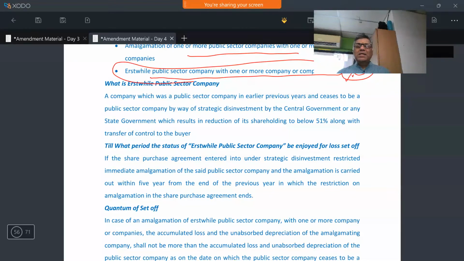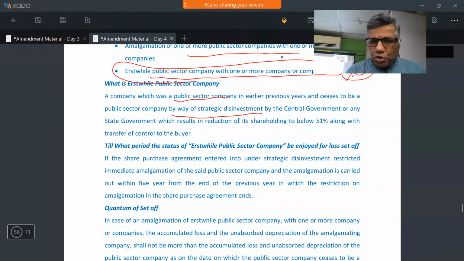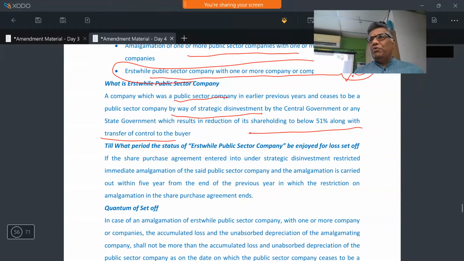What is strategic disinvestment? Here we will understand. A company which was a public sector company, Air India, in earlier years and ceased to be a public sector company due to strategic disinvestment by the central government, which results in reduction of share capital below 51%.